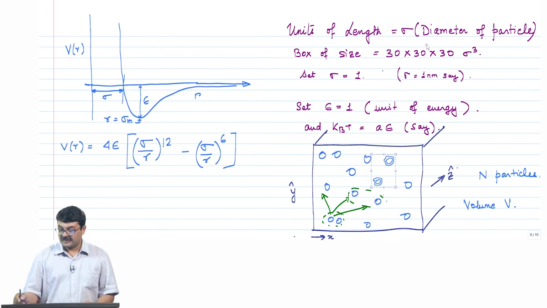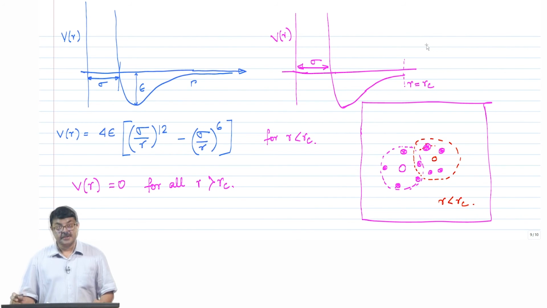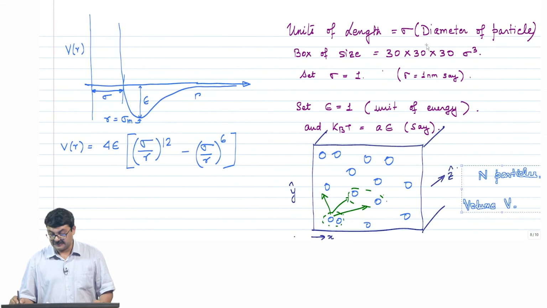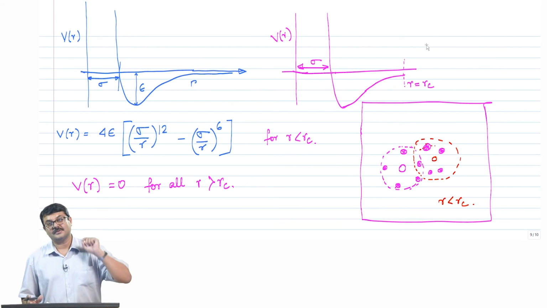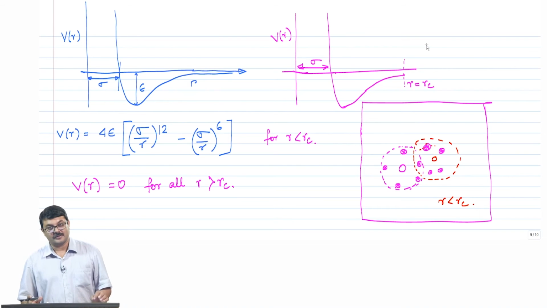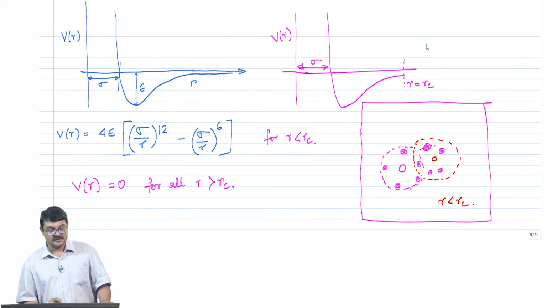So, you have n particles in a box of volume V. As I told you, we will be studying the system in a canonical ensemble. Now, that is a bit of a problem. Why is it a problem? Because it is extremely expensive. If you have 1000 particles, then to calculate the force each time you have to do 1 million force calculations.